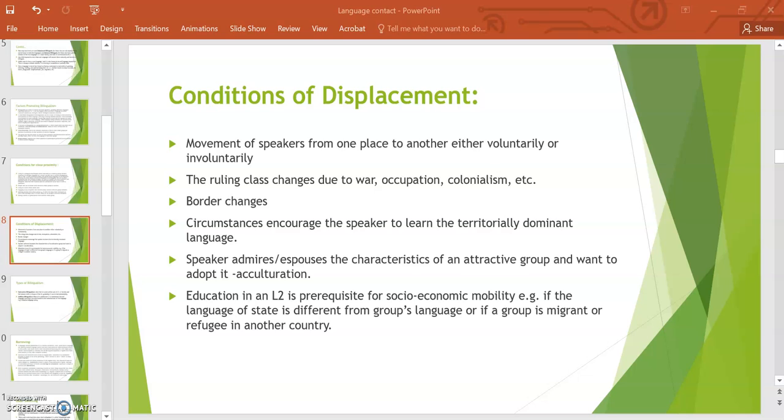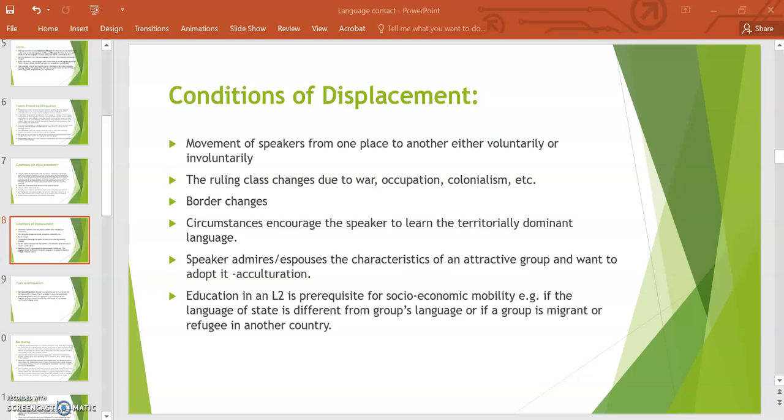Then another situation is circumstances encourage the speaker to learn the territorially dominant language. So I'll again give you example of a tribal language speaker, say somebody who speaks Berhor or somebody who speaks Kurup in Jharkhand, who is forced by the circumstances to learn the territorially dominant language. Here that will be Hindi, in order to have upward socio-economic mobility, high status and identity of being associated with a more powerful group, that is the group of Hindi speakers.